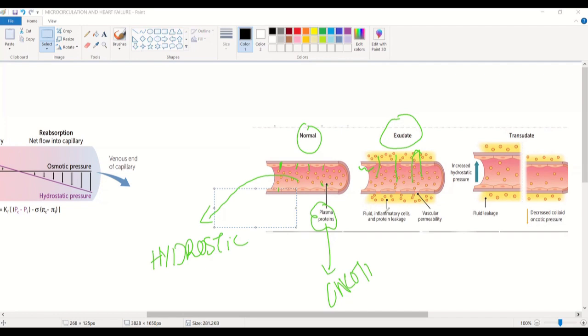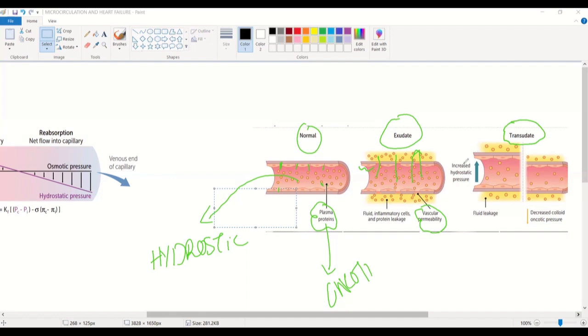Any condition such as toxins or burns will lead to increased capillary permeability, and in this way they lead to exudate fluid and edema formation because there is excess fluid outside the cell.